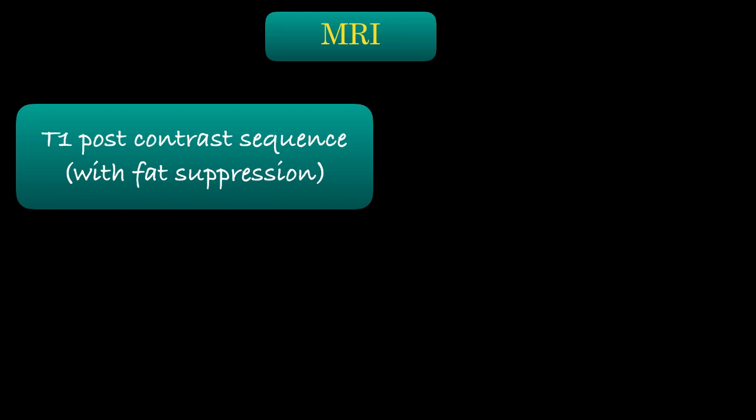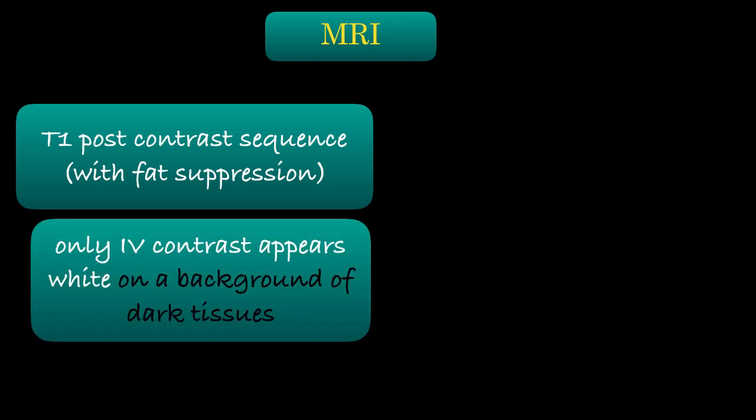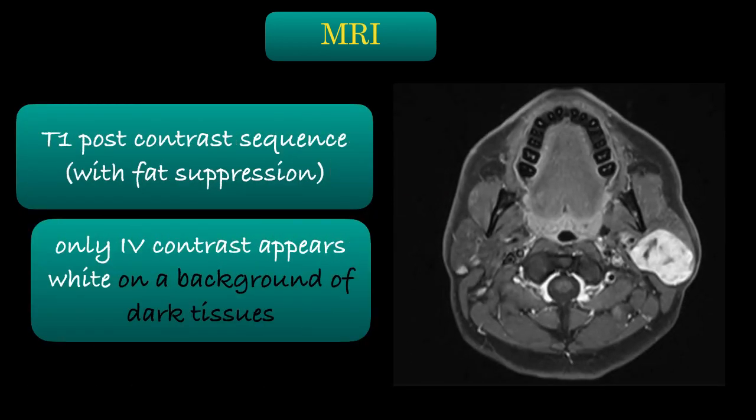Here they injected the contrast medium and did fat suppression. They suppressed the signal from the fat, so the whole background will be dark tissue and only the contrast medium will appear white. This is an example of a T1 post-contrast sequence with fat suppression.